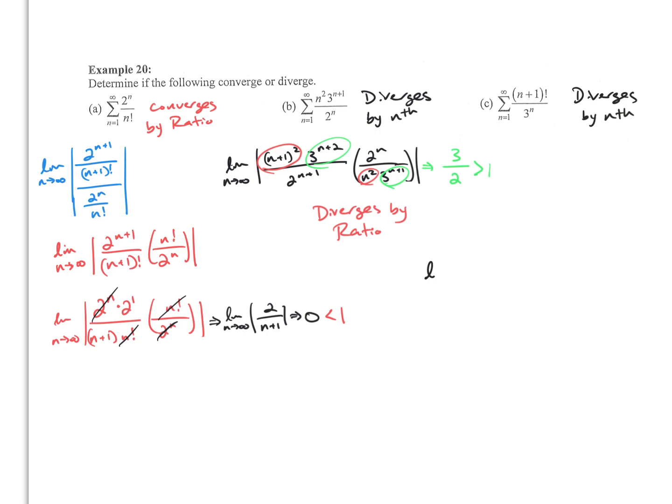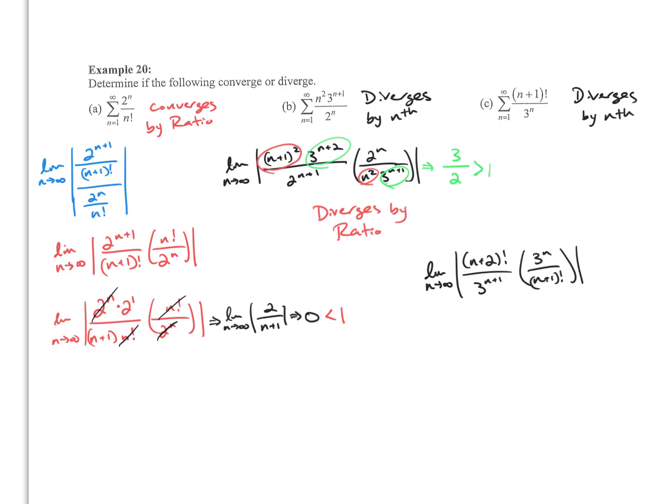So now I have a limit as n approaches infinity of what? N plus 2 factorial over 3 to the power of n plus 1, and then times what? 3 to the n over n plus 1 factorial. Does everybody see how that worked? All right, cool.